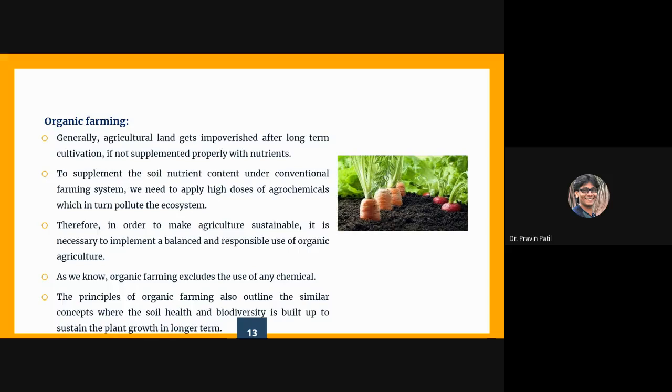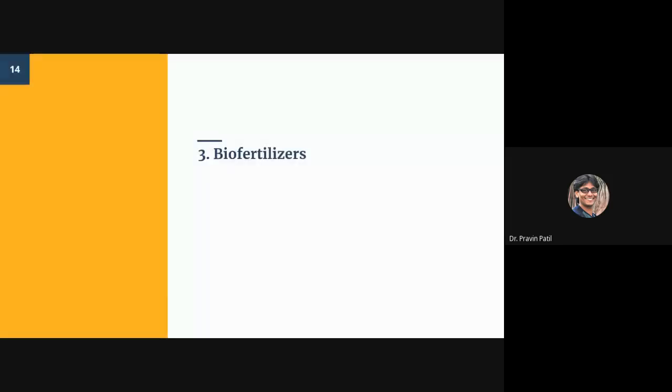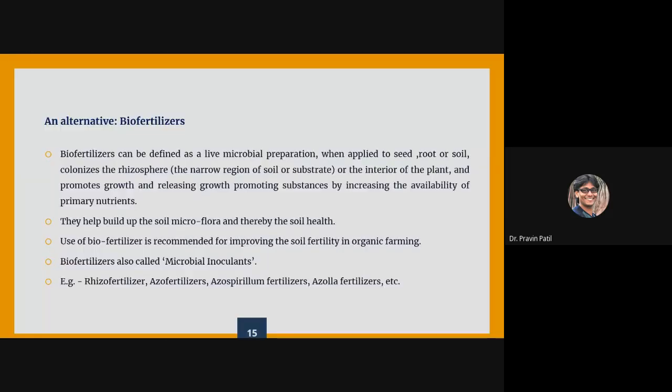And to obtain organic farming, we must understand what biofertilizers are. When you hear this term biofertilizer, it means a live microbial preparation that can be applied to the seed, to the root, or added to the soil where plants are supposed to be grown. They start colonizing in the rhizosphere. Rhizosphere is the surrounding area near the roots.